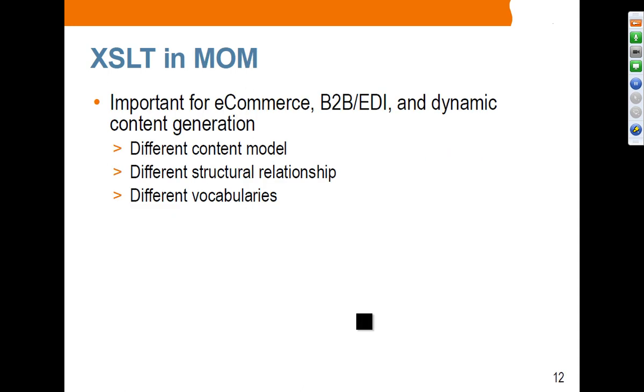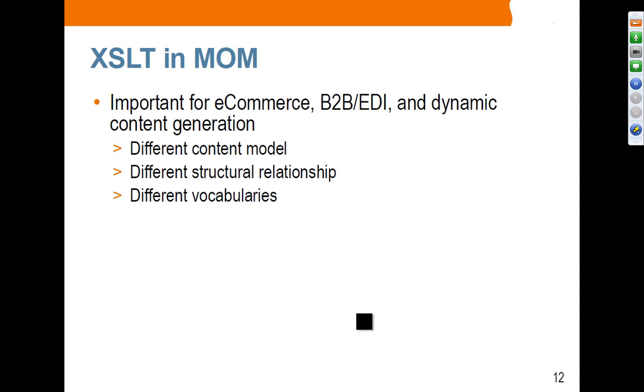So this is XSLT in MOM. It's important in e-commerce, B2B, EDI and dynamic content generation. Basically, you want to generate a different content model from the same data. The same customer data might be consumed in different ways depending on the department. The legal department might want to extract only the information relevant to the legal aspect, and the payroll department or the shipping department might want to extract only the data that is needed for shipping.